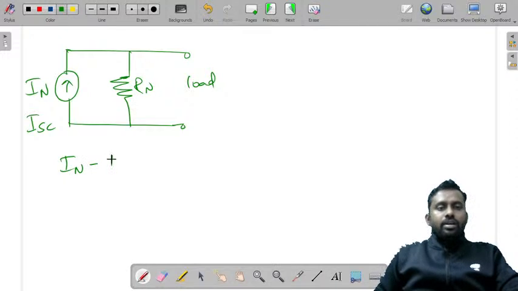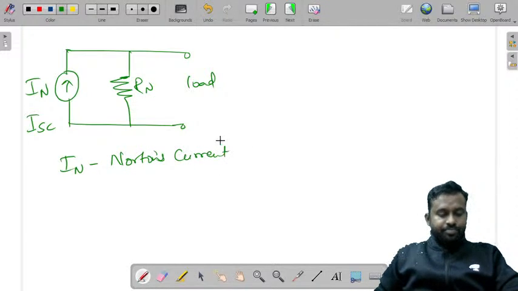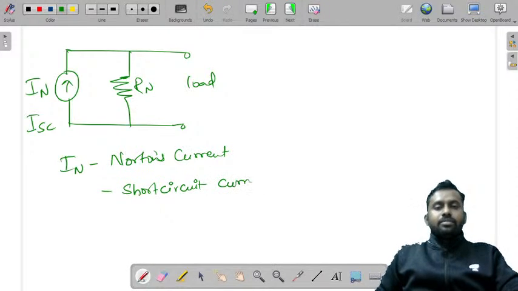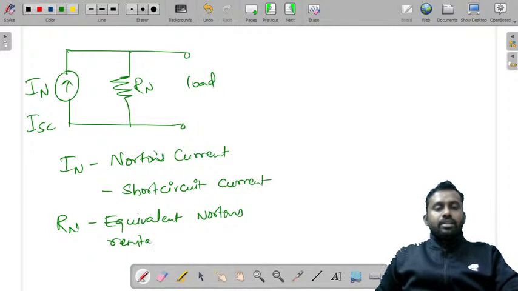This IN is called Norton's current, or also the short circuit current, and Rn is the equivalent Norton's resistance or Thevenin's resistance across the load terminals.